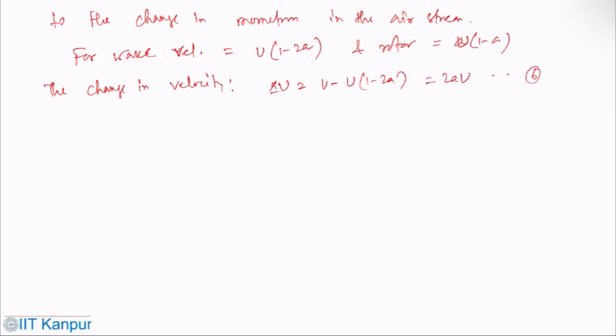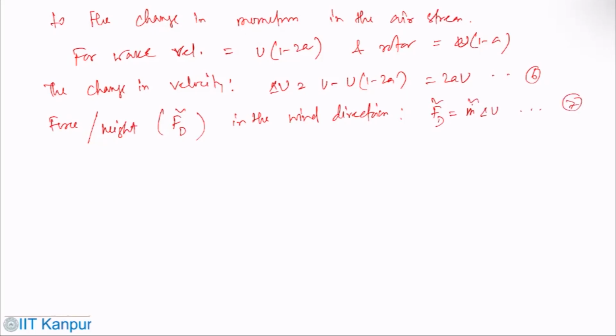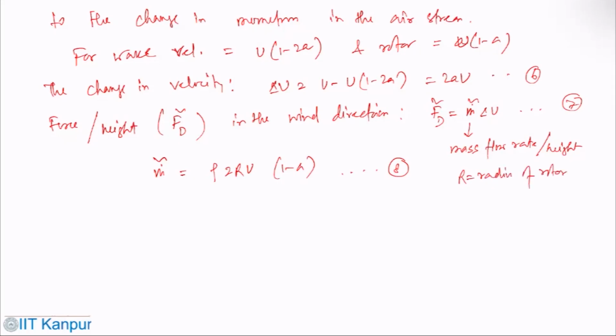And the force per unit height, which is Fd, in the wind direction, one can write equals m dot del U. Here m dot is the mass flow rate per unit height, so we can write m dot as rho 2 r U (1 minus a), where r is the radius of the rotor and rho is the density of air.